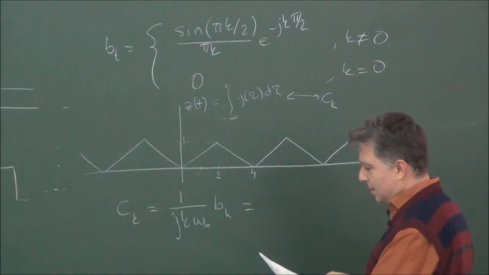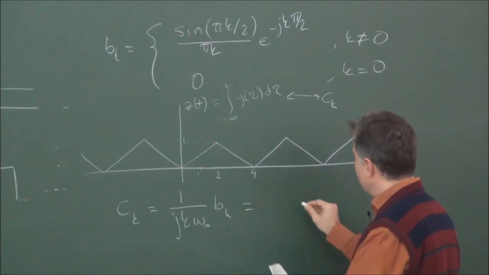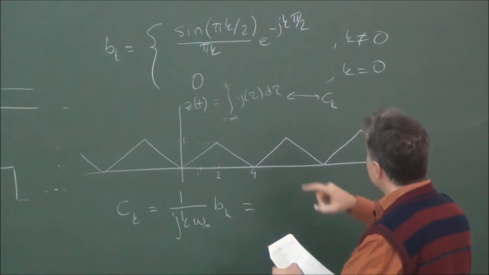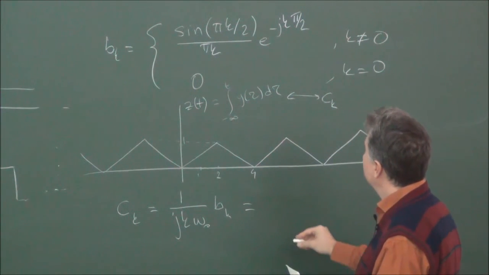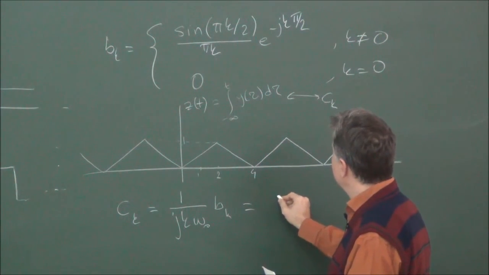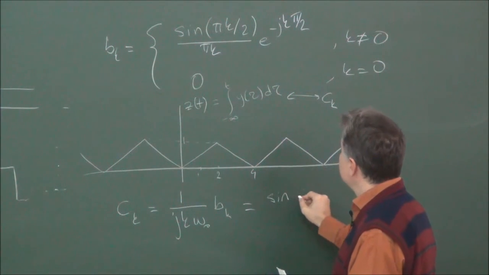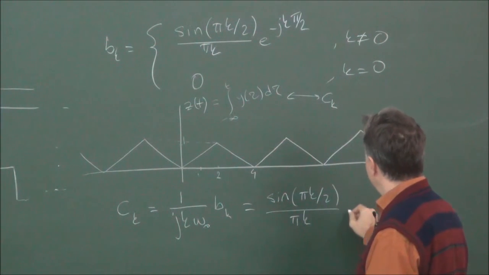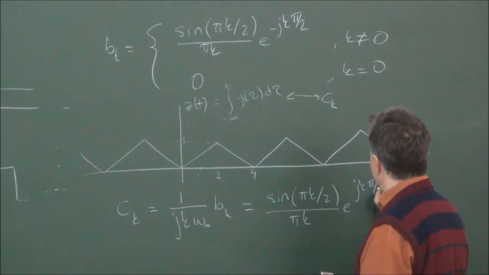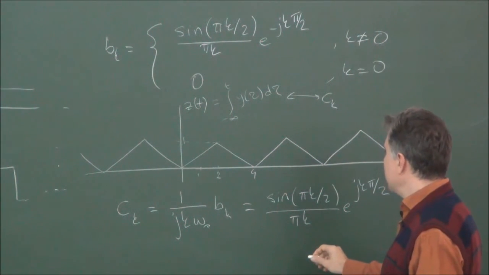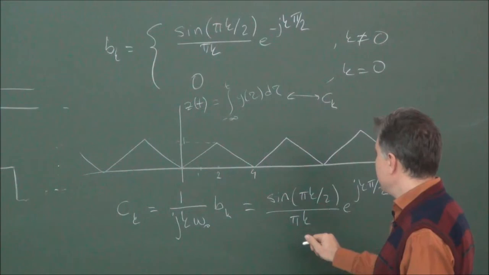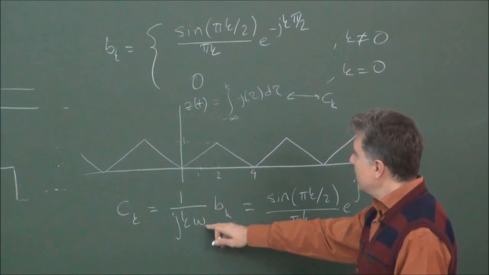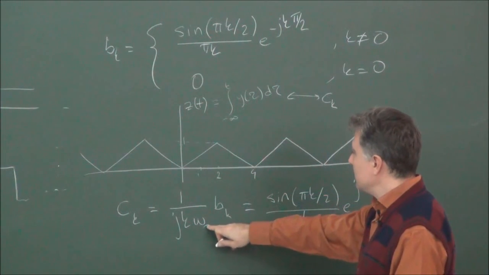And that is equal to that thing over there, which is bk sine pi k over 2 divided by pi k e to the jk pi over 2, and we have to multiply it by k times omega 0. By the way, what was omega 0? The period is 4, therefore omega 0 is pi over 2.